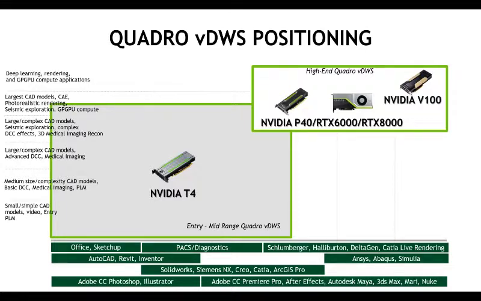So again, T4 is just a fantastic starting point. If you are trying to understand what GPU to choose and you really don't have an idea, there is a very high chance that the T4 is the right GPU for you. And then there are the exceptions when you need additional performance that a T4 doesn't have, and then you move to the P40.